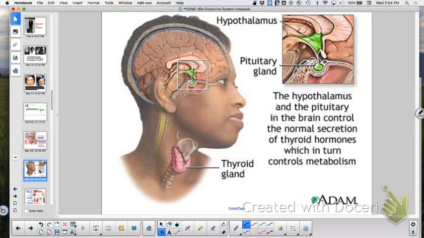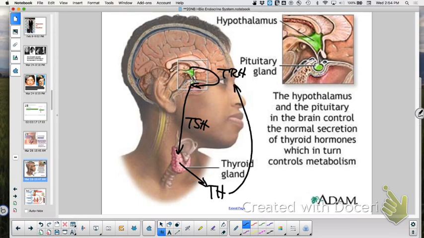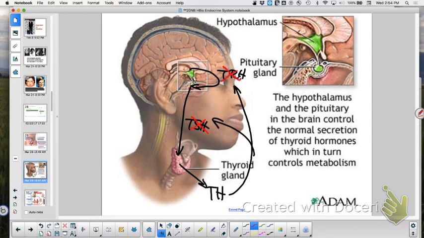So most simply, the hypothalamus is going to secrete thyroid releasing hormone, which will make the pituitary gland secrete thyroid stimulating hormone, which will make the thyroid gland secrete thyroid hormone. And as the thyroid hormone level elevates, it will go back here and shut those off.